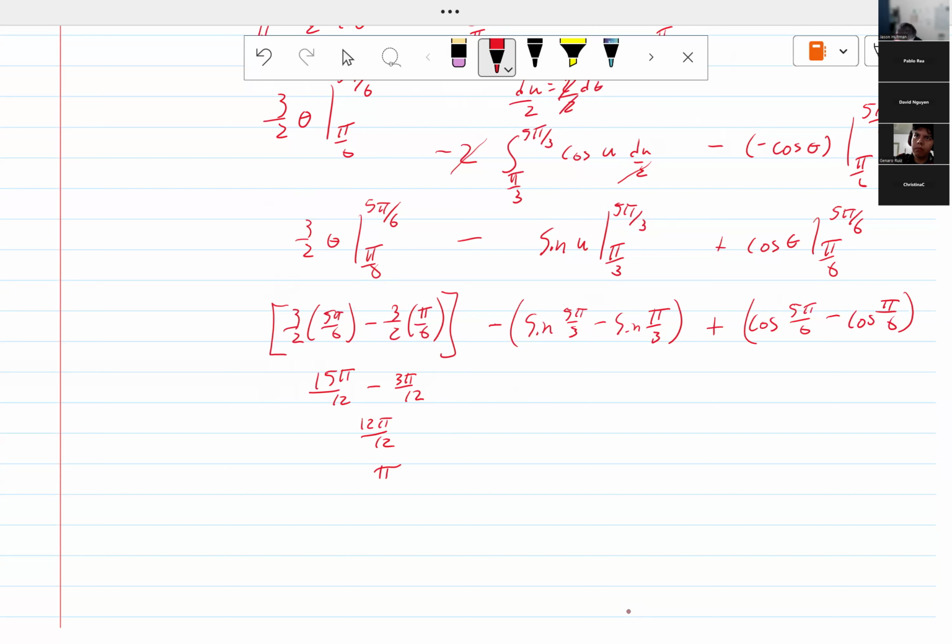This is going to be a minus plus. So this is minus the sine of 5 pi over 3. Everybody knows the sine of 5 pi over 3 is negative radical 3 over 2, right? We've memorized our unit circle. Minus the sine of pi over 3, which is a positive radical 3 over 2.